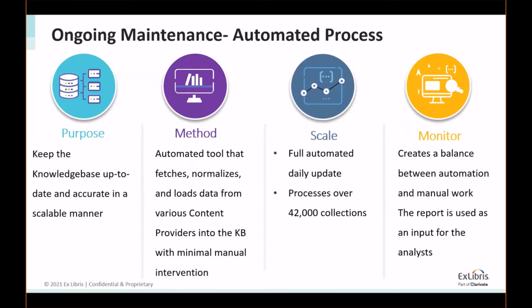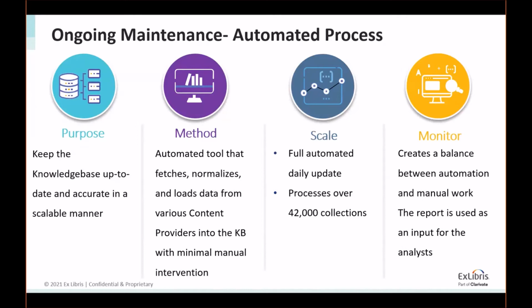So these are basically the 4 steps of the automated ongoing process. I just want to summarize it. In order to keep our KBs updated and current, the ingestion process steps are being examined and improved at all times.